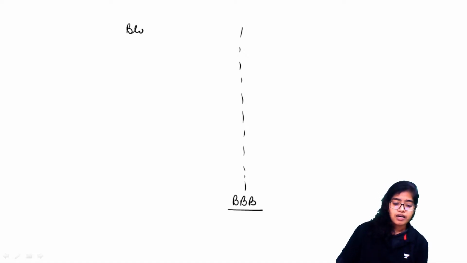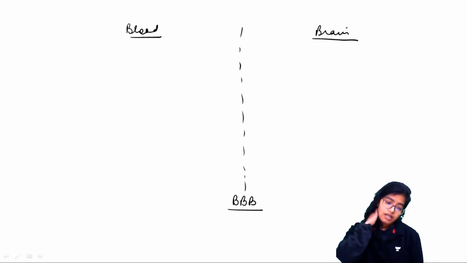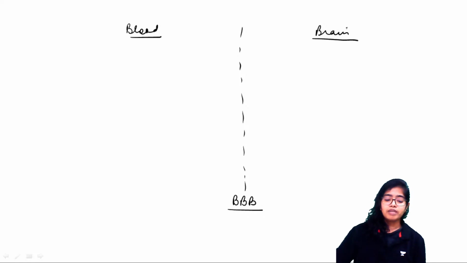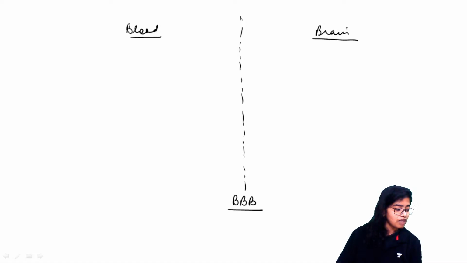Blood carries different substances. If there was direct access of blood to the brain, all the toxins would have direct entry, and they can be deleterious. What happens is there is a barrier with different levels, and this barrier prevents uninhibited passage of substances from blood to the brain.